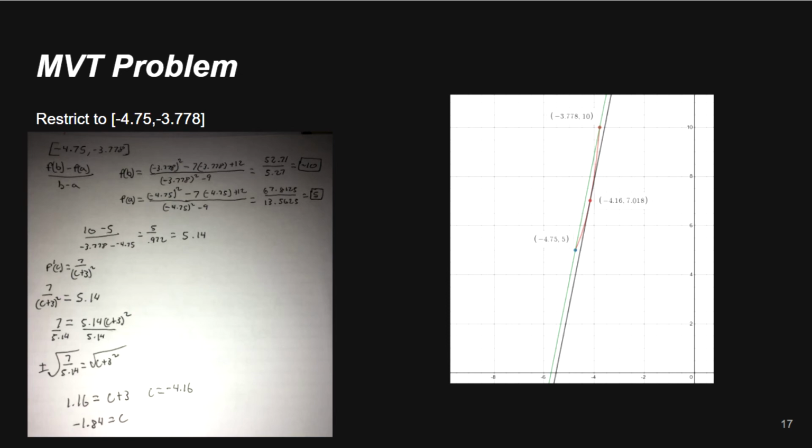We do the math, and we're left with two answers, but only one of those answers actually fits within the interval, and that is negative 4.16. And if we were to plot the tangent line in accordance to that point, we could see that the secant line of the given interval of our function is actually parallel to that tangent line.